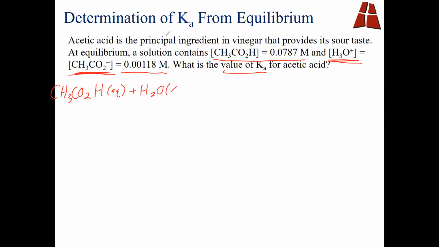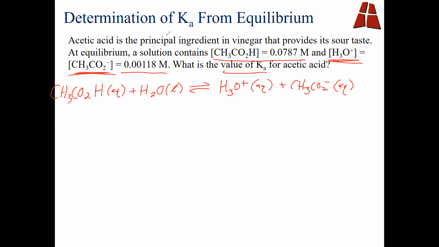So H2O as a liquid being present will balance our chemical equation, where we then go in equilibrium between our reactants and our products. One of our products will be our hydronium, H3O+, aqueous. And then we also end up with acetate, CH3CO2-. That'll be aqueous as well. Okay, so that is our chemical equation.